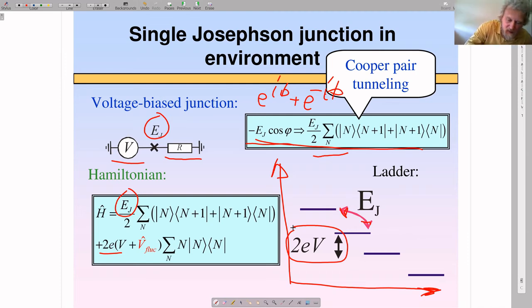Here, all information about the resistance I choose to put into an operator which represents electromagnetic modes and which is in fact equivalent to voltage fluctuations. That gives the opportunity.